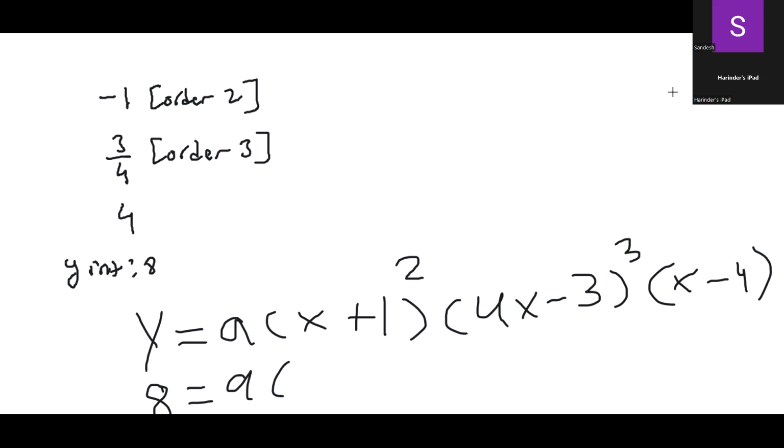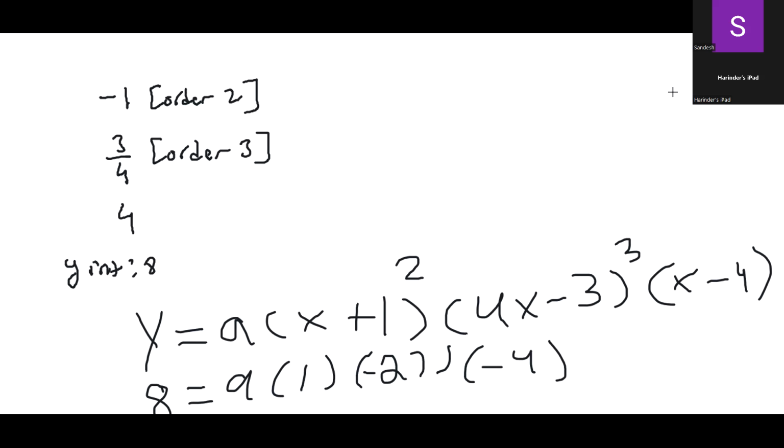So 8 equals A, and then 0 plus 1 is just 1. 1 squared is just 1. So that becomes a 1 there. So 4 times 0 minus 3, that's negative 3 cubed, which is negative 27. So the second one turns into negative 27. And then the last one is just negative 4.